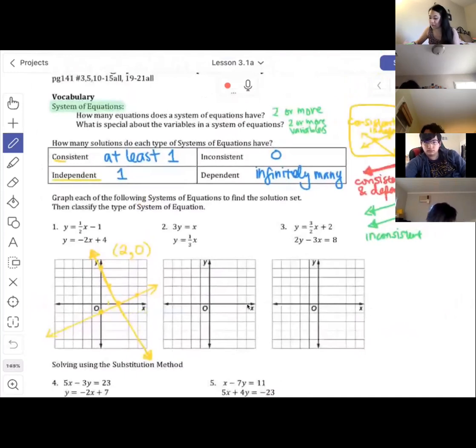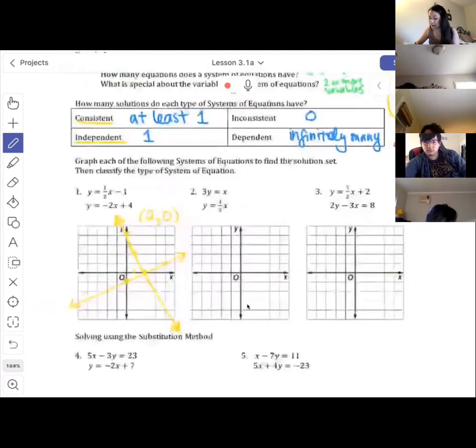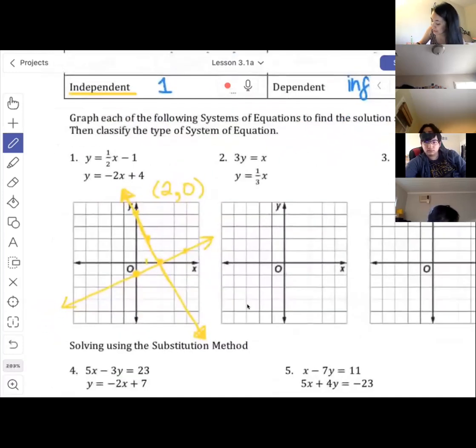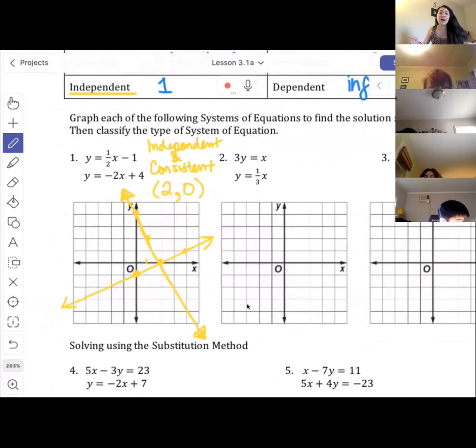That would be the type, independent and consistent, since there's exactly one solution. Does that make sense, Riley? Yeah. Okay, good job. All right, let's go number 2. Joanne, help me out with this one.